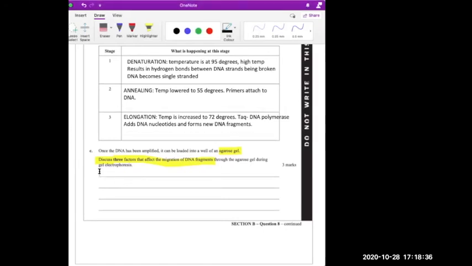Okay, discuss 3 factors that affect the migration of DNA fragments through the agarose gel. So this is obviously talking about gel electrophoresis. And it's basically asking you to type down every single factor you know about it. So one of the main things that you should know is that DNA is negatively charged. So it will be attracted to the positive end of the well and move towards it.